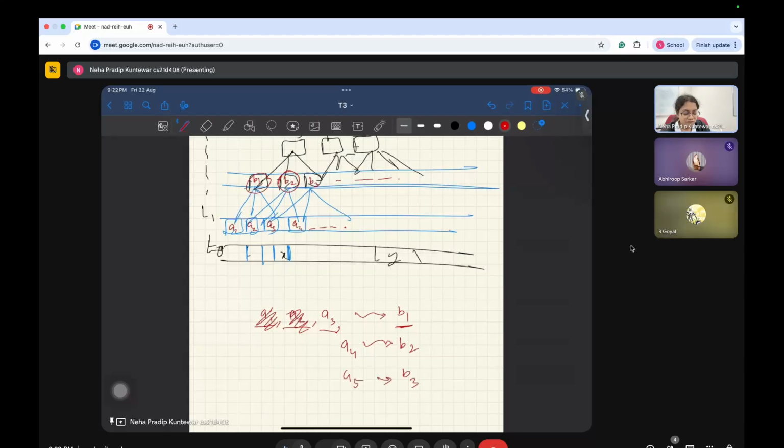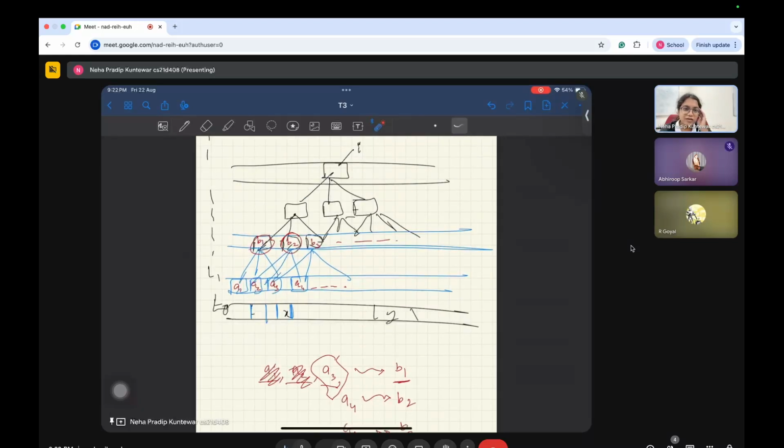Once you have these, you really don't need the earlier ones. So at any point you only need to remember 4 or 5 of them. Once you have the values here, you don't care about the level below. So that's one nice idea that shows you can do it in log space, because you only need to remember a few of them.